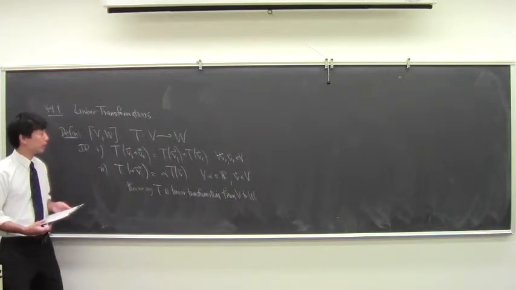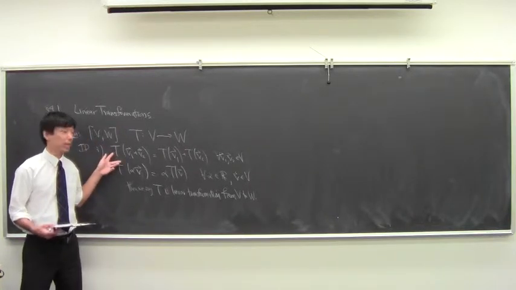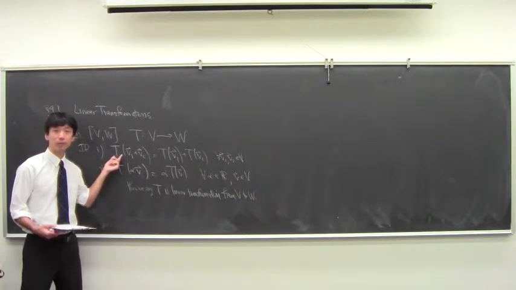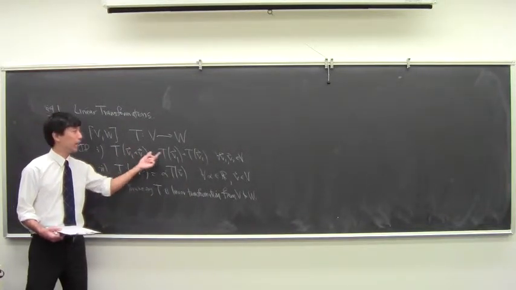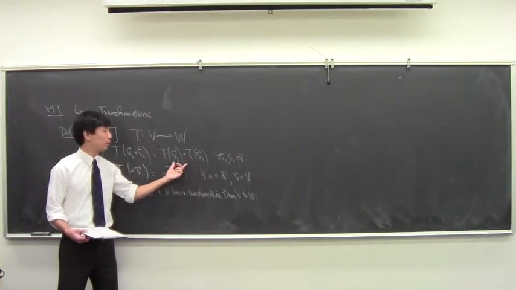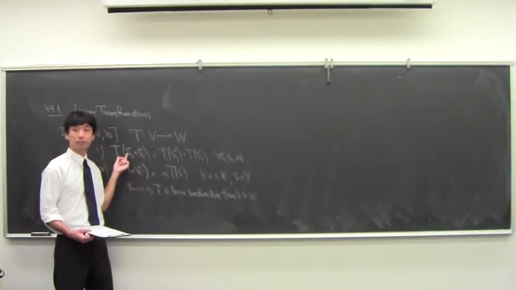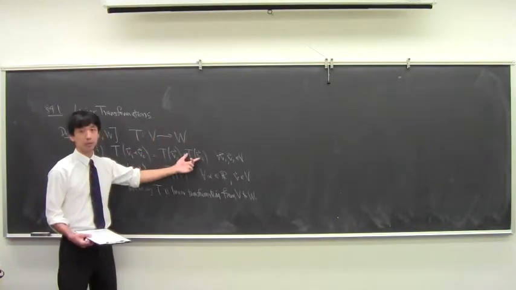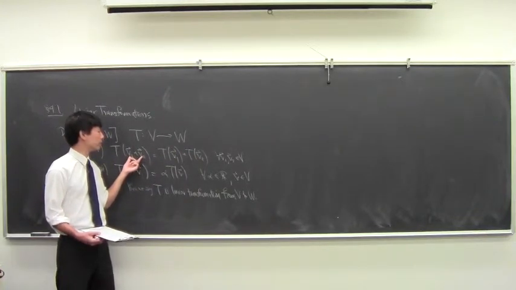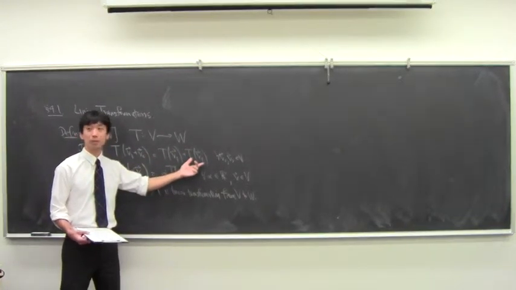So this is the definition of linear transformation. What these two statements require is that the map preserve the vector space structure. If you start off with a sum and you pump it through the map, what you get is a sum of the individual pieces: T of v1 plus v2 gets mapped to the sum T of v1 plus T of v2.